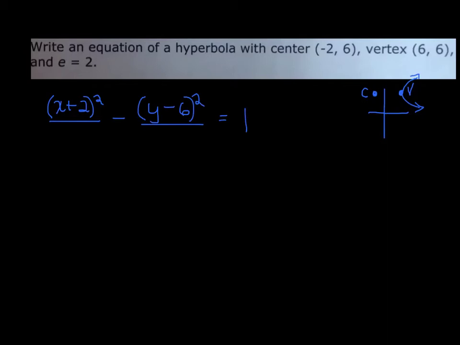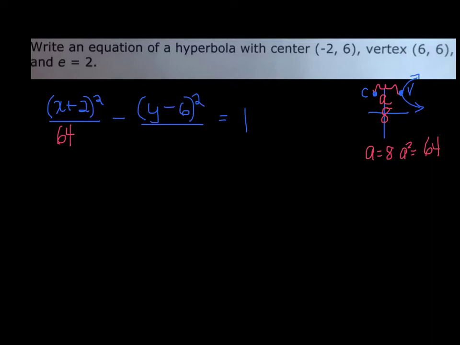equals 1. Well, I do know that the distance from the center to the vertex would give me a. So a is going to be from negative 2 to 6, so a is 8. So a equals 8, which means a squared equals 64. I know that 64 would go here.